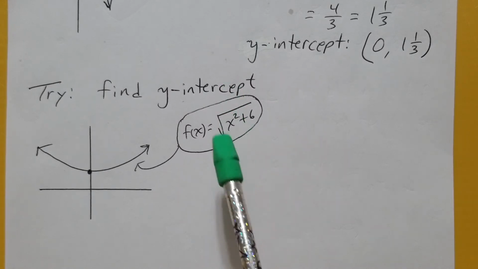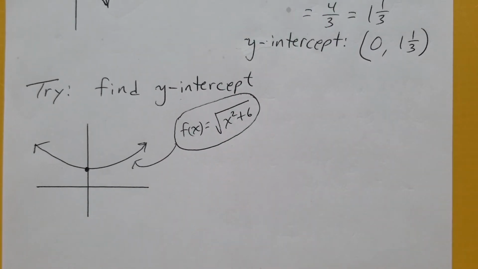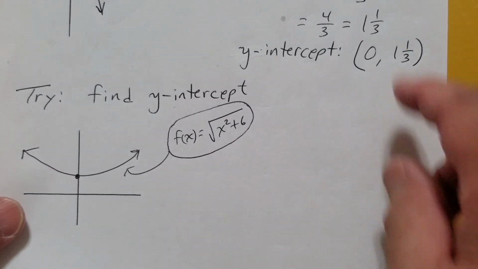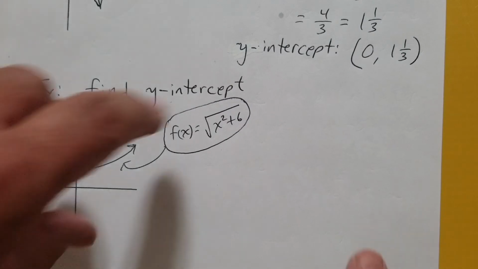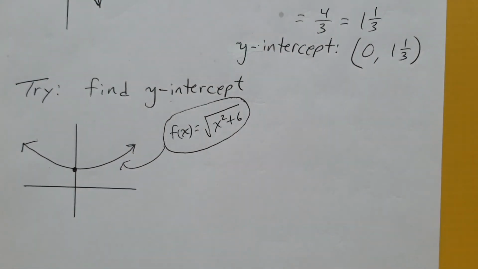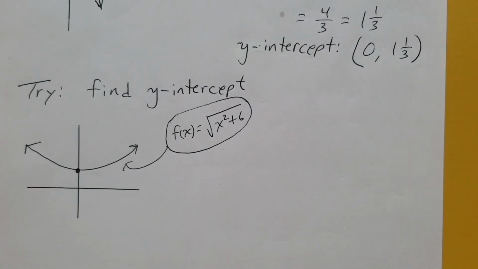How do you find the y-intercept? Do what I did up there. Try something. Just go step by step, just like I did here, and see if you can do it. If you can't do it, or if you don't understand something here, just put a little question mark, circle it, highlight it, whatever, and then next time I see you, raise your hand and ask me about it.